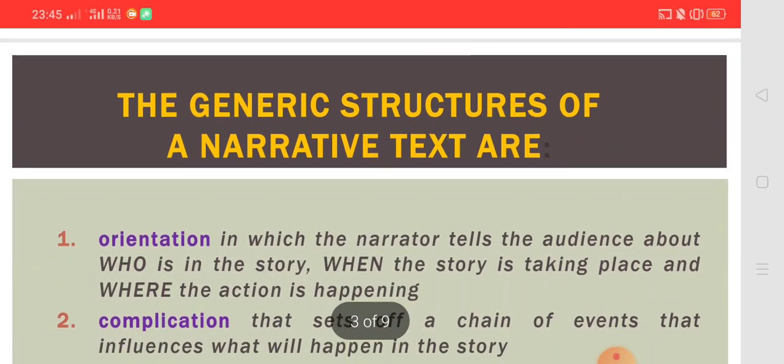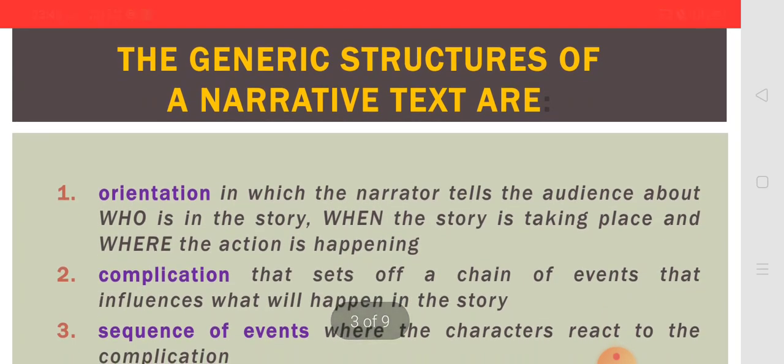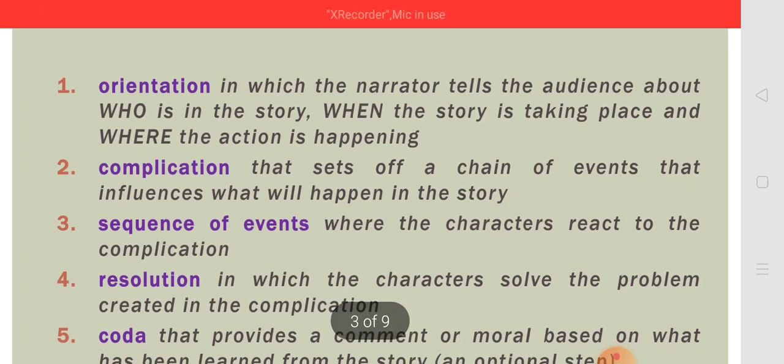Next is about the generic structures of narrative text, or maybe it can be called the elements of the narrative text or short story. There are some elements that we have to know. The first is orientation or introduction of a story.